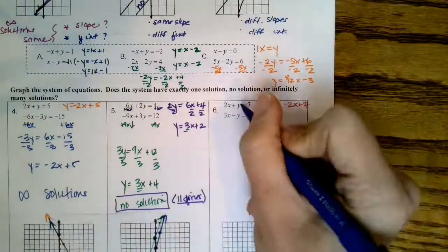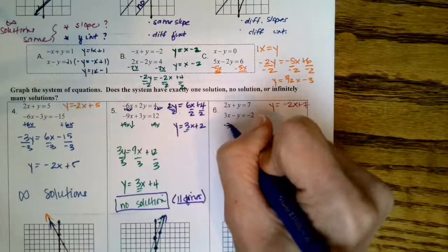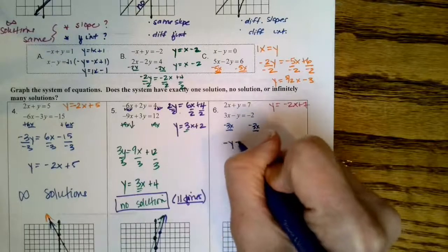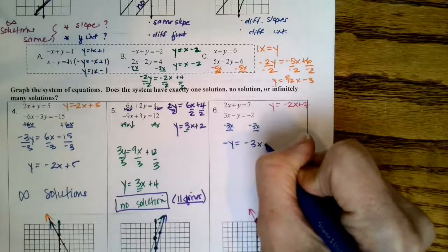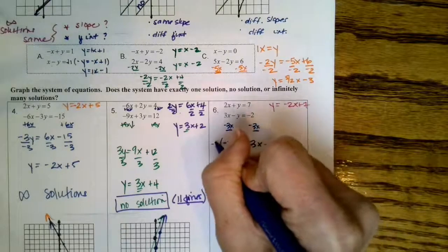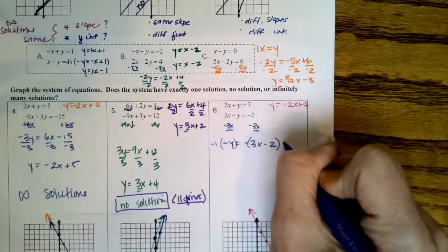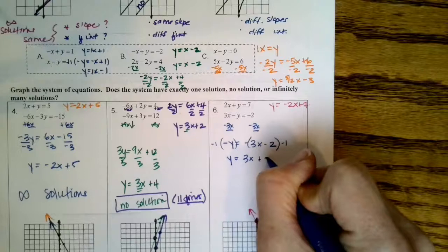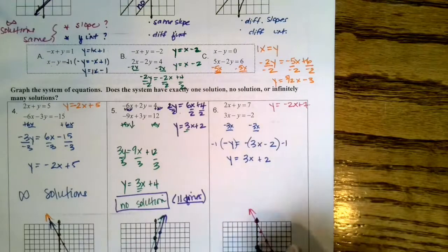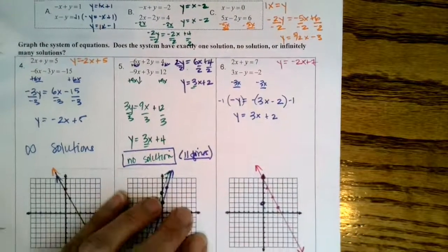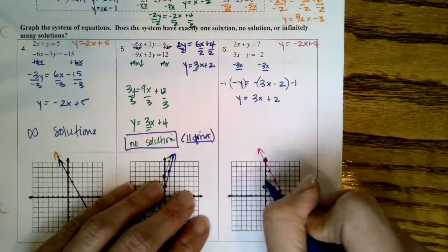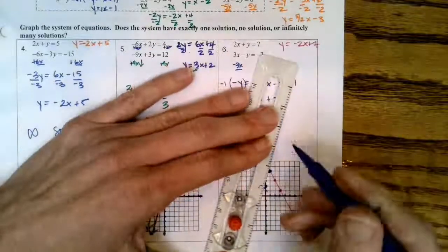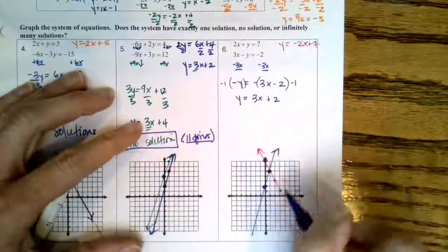And then we'll go ahead and subtract 3x from each side. So I have negative y is equal to negative 3x minus 2. Multiply everything by a negative 1. And I end up with positive y, positive 3x, positive 2. So here's positive 2 as an intercept. And 1, 2, 3, 1. Beautiful. I love it when I find the intersection when I'm doing my slope count.